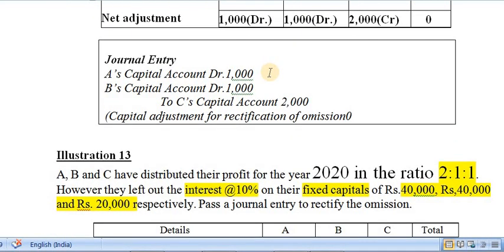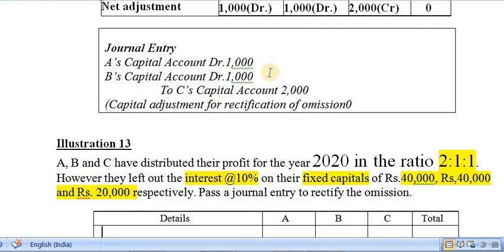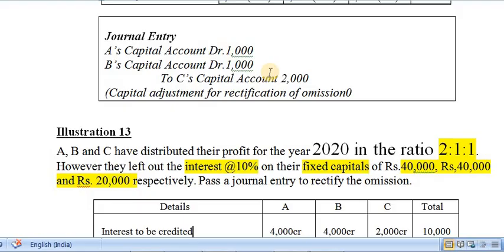A, B, and C have distributed their profits for the year 2020 in the ratio 2:1:1. They forgot interest on capital, the same thing. Their fixed capitals are 40:40:20. So we do the same thing. We have to distribute the profit in the ratio 2:1:1.